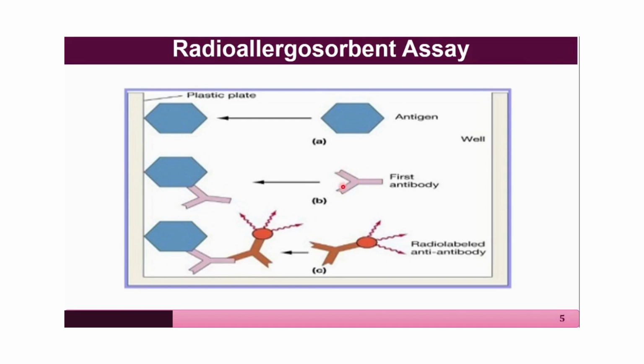If IgE is present in that patient corresponding to that antigen, after adding that serum to the wells, the antibody will bind to the antigen. Now once again, after some incubation period, you give a thorough wash to all the wells with saline or suitable buffer.